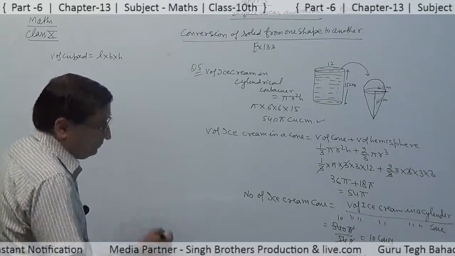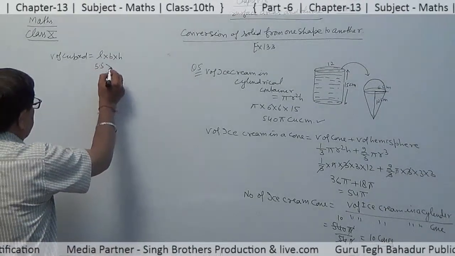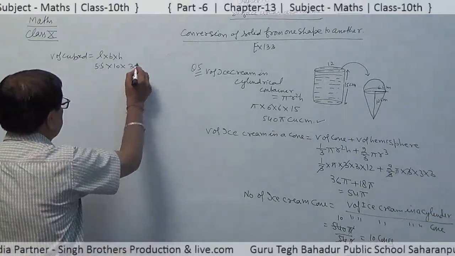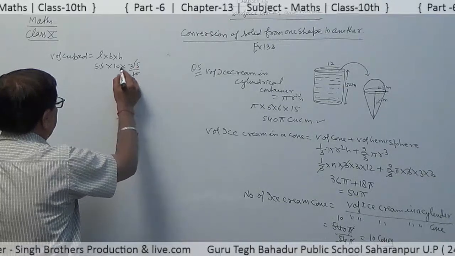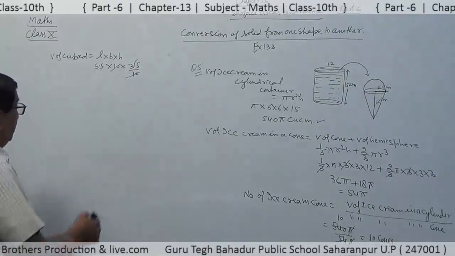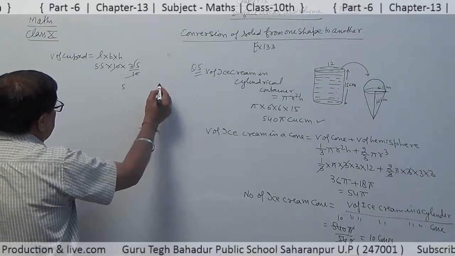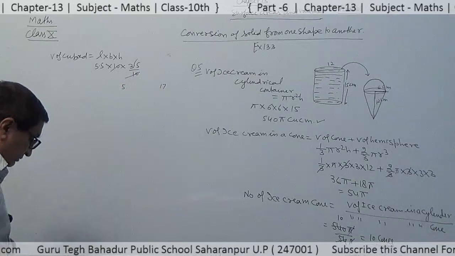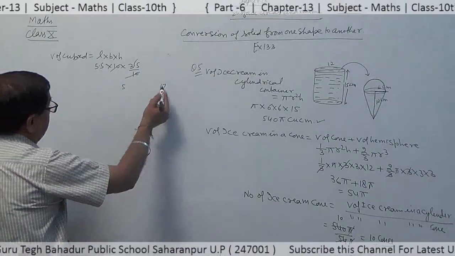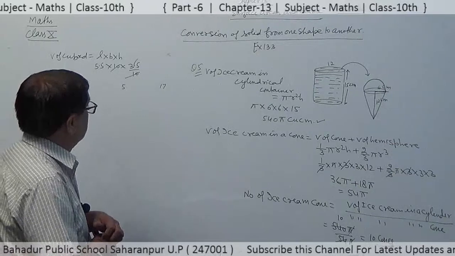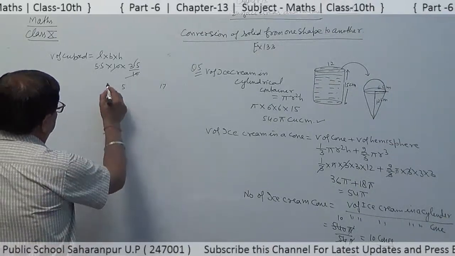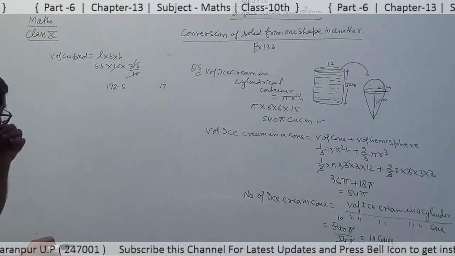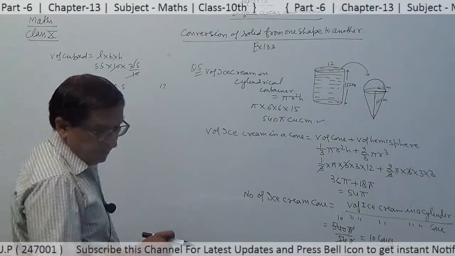Given that, 5.5 into 10 into 3.5, 35 5 is 175, which gives 192.5 cubic centimeter.